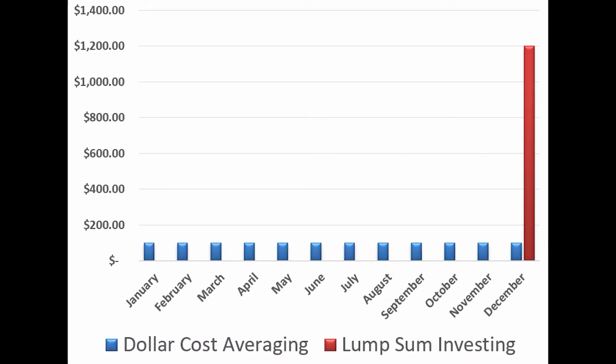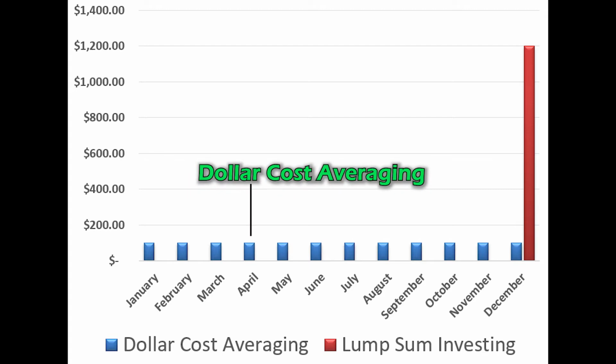All right, so before I go into the specific examples, I wanted to show you just right up here on the screen what the difference looks like between somebody that's lump sum investing versus somebody that's dollar cost averaging. Because for me, the visuals make it easier to understand.